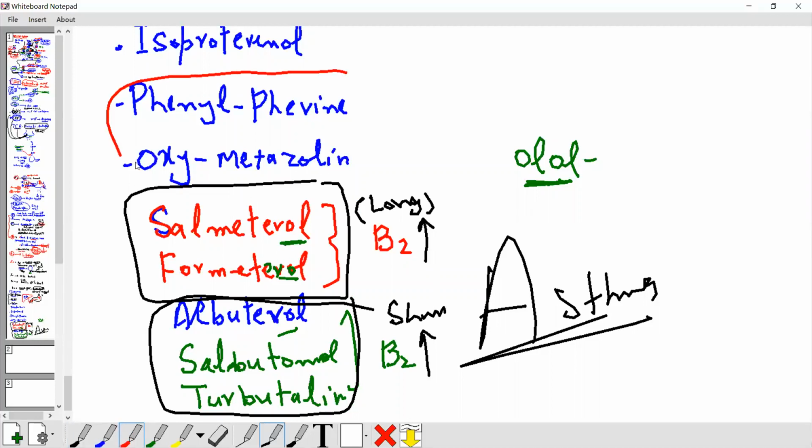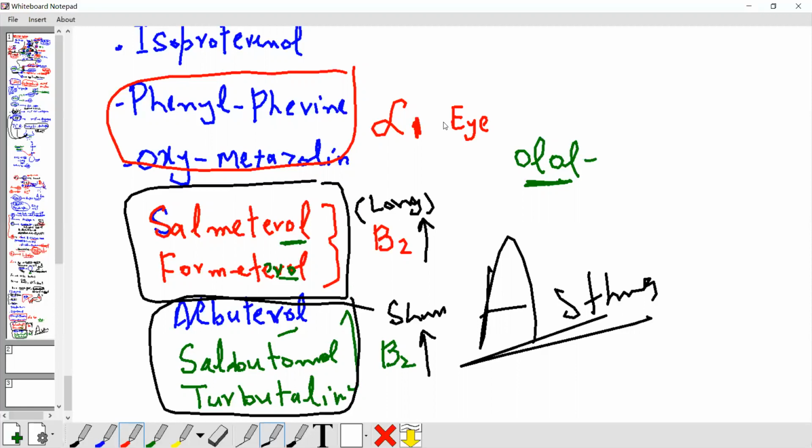Phenylephrine and oxymetazoline are for alpha 1. They are mostly used for the eye. Put one drop of phenylephrine in the eye and the redness finishes. Why? A red eye means there is some vascular involvement in the sclera.